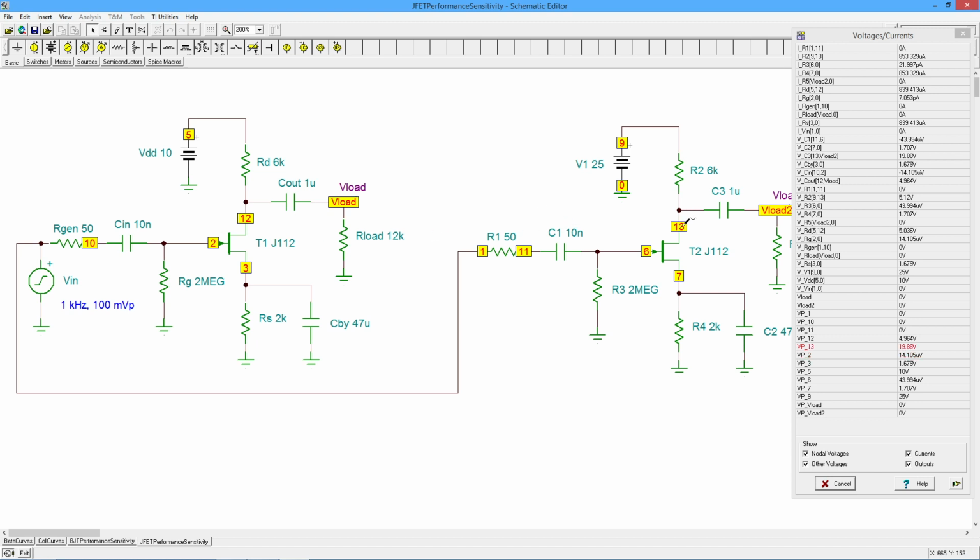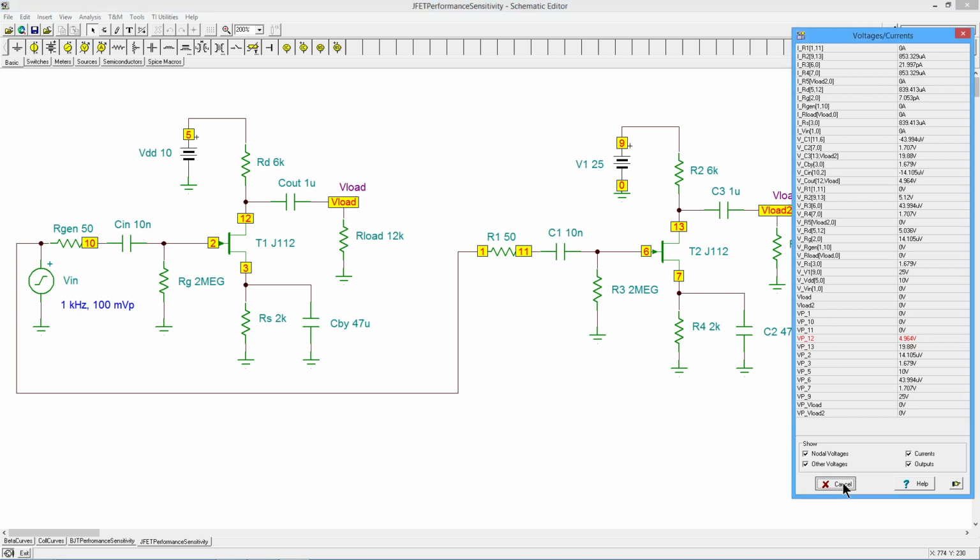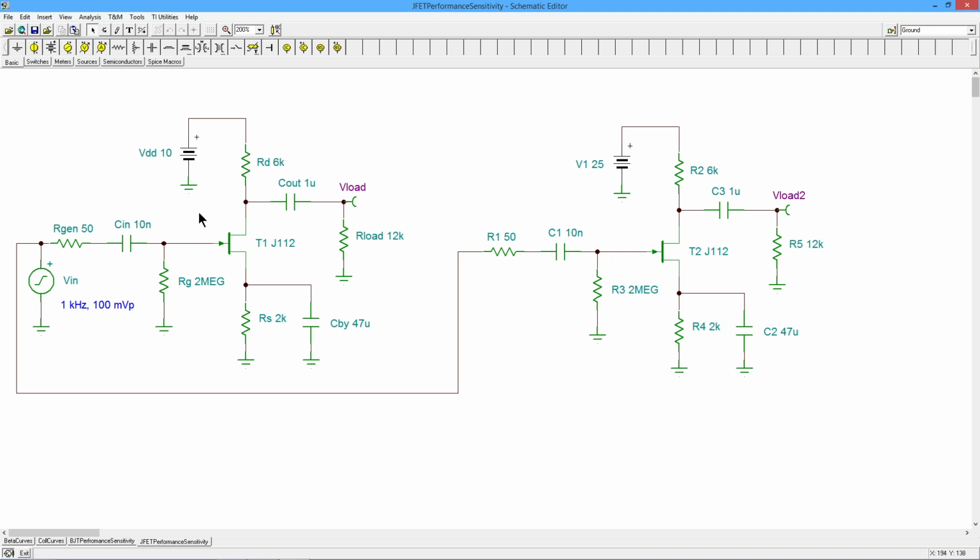But when I go to the drains, this one's giving us just under 20 volts, and this one's giving us just under 5 volts. So again, that change in drain source voltage is going to change some things like the transconductance and the internal capacitances, those lag network capacitances, parasitic capacitances.